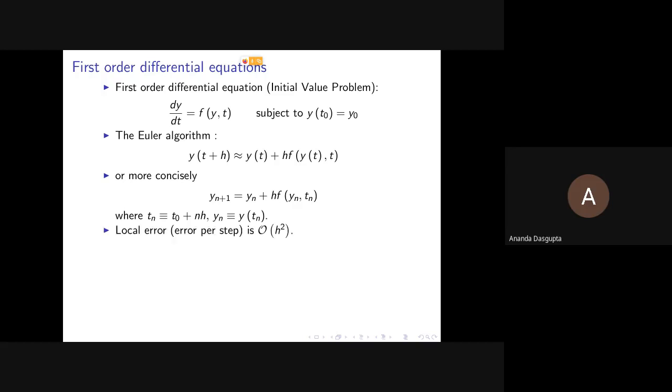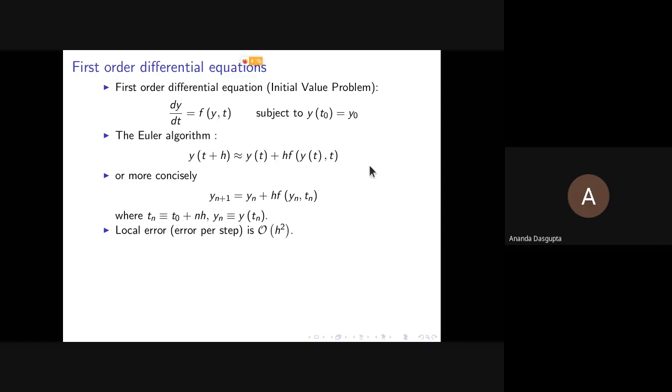Now, I'm not going to prove this at this stage, but it should be sort of obvious that the local error or error per step for the Euler algorithm is of the order h square. Well, it's actually obvious because if you wrote down y at t plus h using the Taylor series expansion, what you would get is y of t plus h times f at y(t), t plus h square by 2 factorial times the second derivative of y, which is of course first derivative of f, and so on.